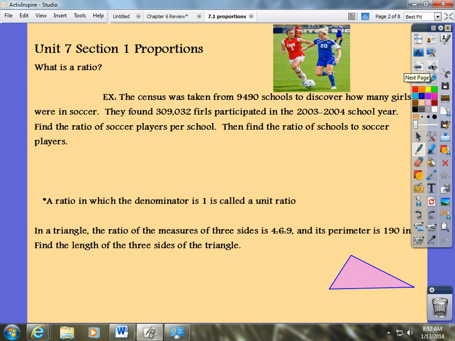Okay. The first section, section 1, what is a ratio? Okay, a ratio is simply a comparison of two things.